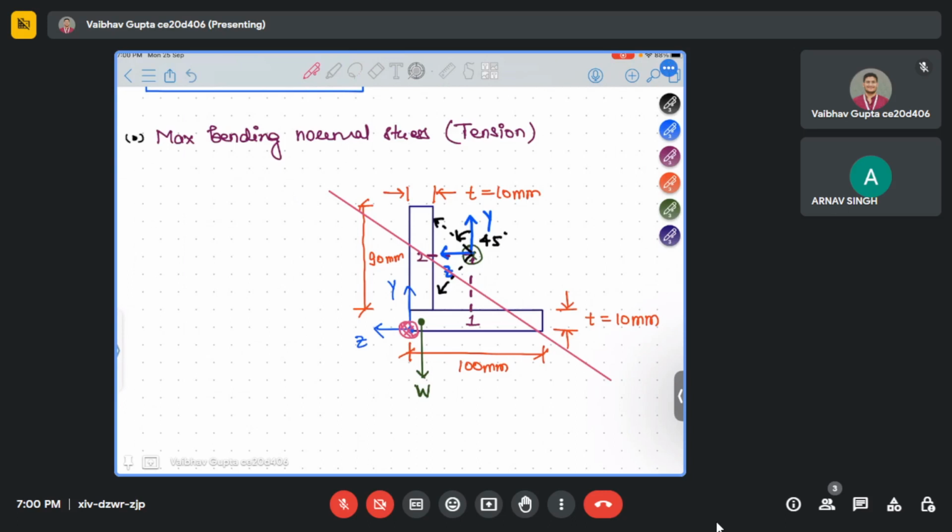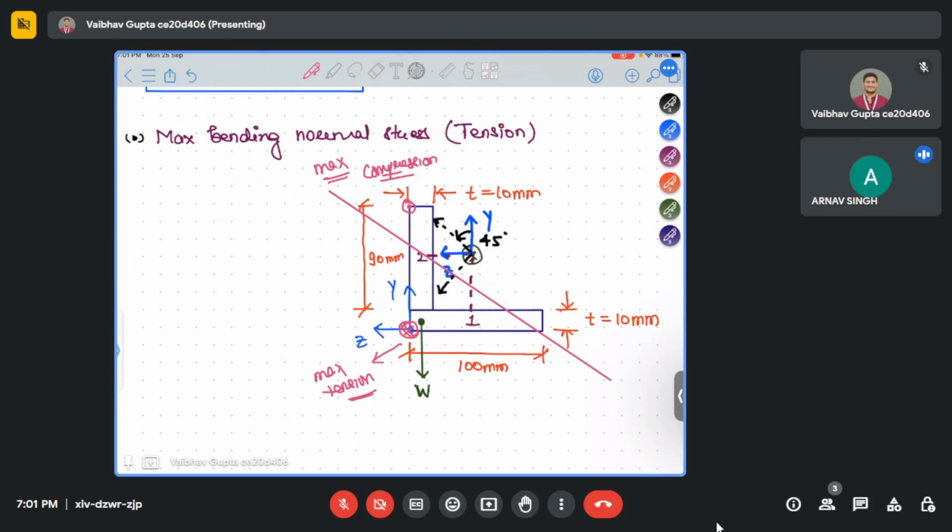At this point you will get maximum compression. I'm telling you so that if they ask in the paper, you know the location. This is for maximum tension.